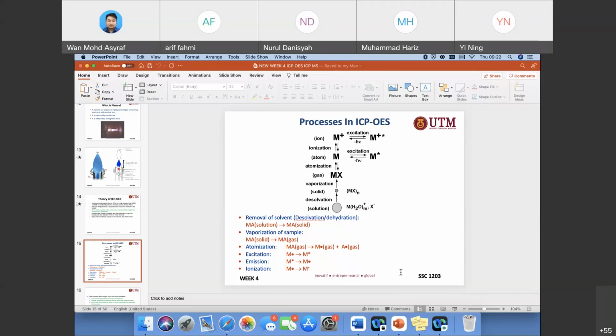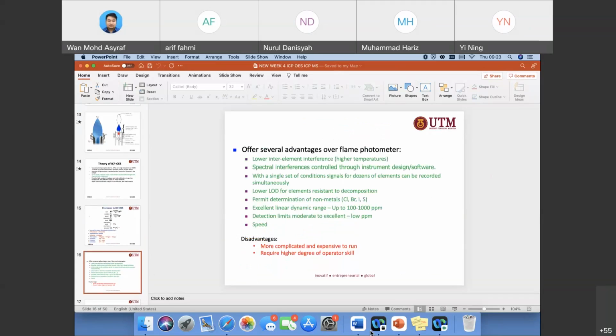For ICP-OES, we go until ionization as well, but ionization is desirable in ICP-MS, as compared to AAS. All right, so the advantages are the ones I've mentioned before, the advantages over the flame photometer, and then what the disadvantages are.